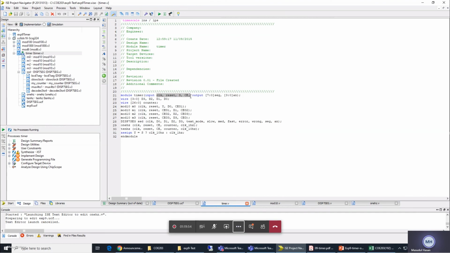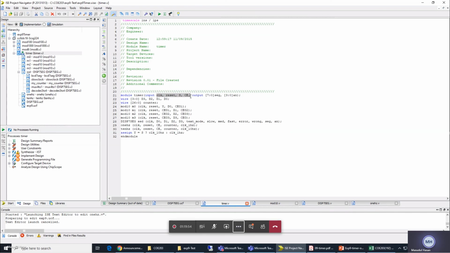Clock is V10, reset is a push button, S is a slide switch, CE is a slide switch. Clear? Any question? Is it clear about the UCF file? Inshallah.